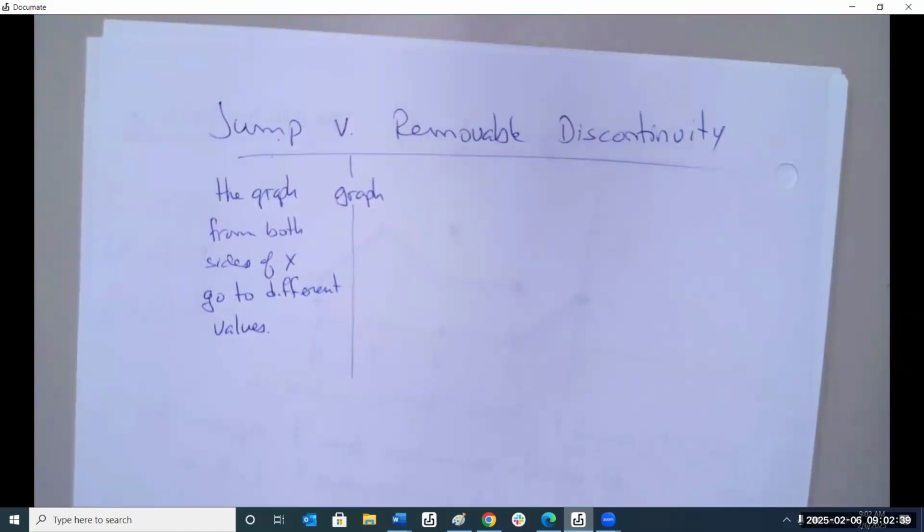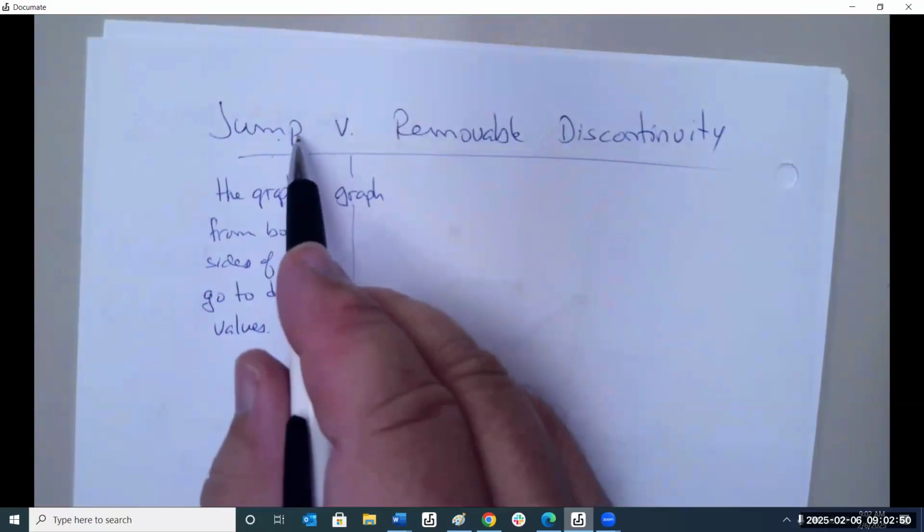A jump discontinuity, you have one graph going this way and one graph going this way. On the left side is continuous, on the right side is continuous, but they're pointing to different values. That's how you can tell it's a jump discontinuity.